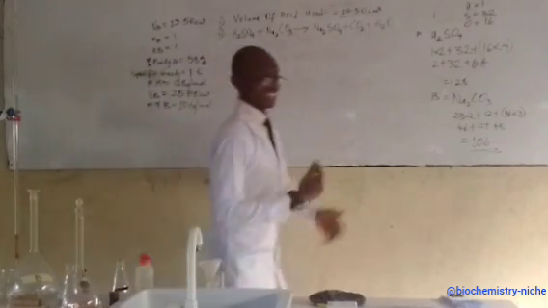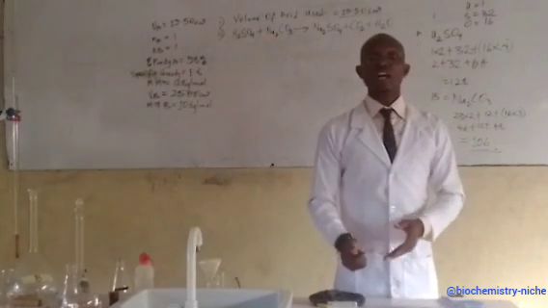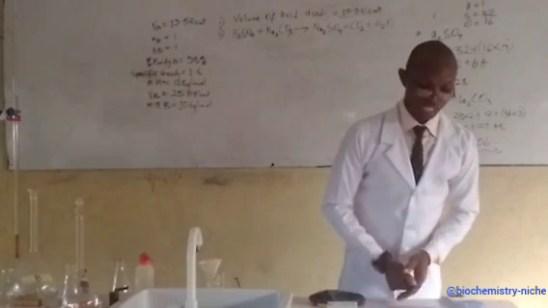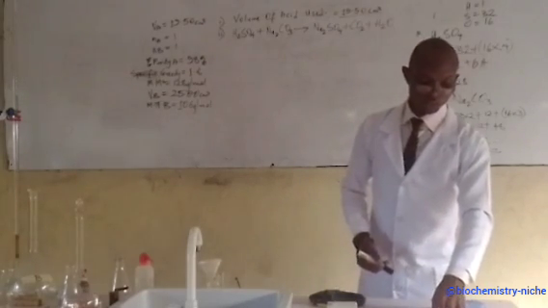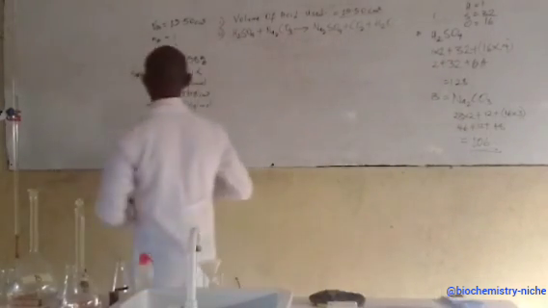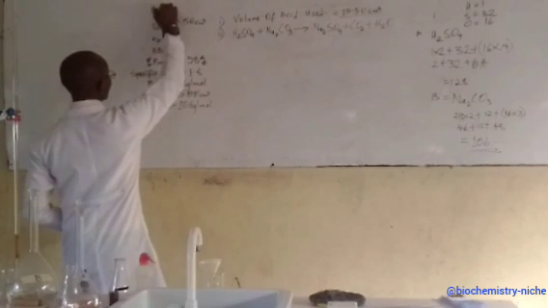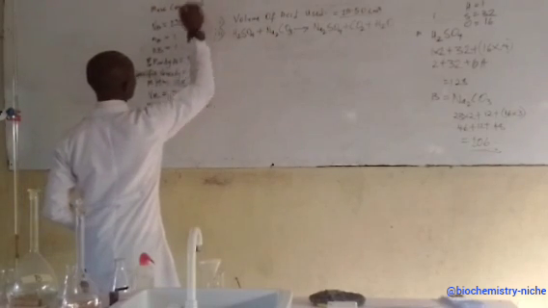So, like I was saying, depending on the type of parameter that you are being given, that will inform the type of formula that you'll be using. Let's assume we're given this information. Let's assume we're given the mass concentration of A to be 2.2.